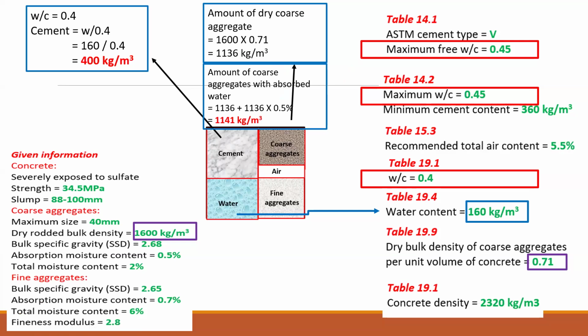Okay, now we found three things: coarse aggregate, cement, and water. Can we find the fine aggregates? How? We got the total of the fresh concrete. So if you subtract these three things from that, you will get the weight of fine aggregates. Am I right? How much of fine aggregates are there?